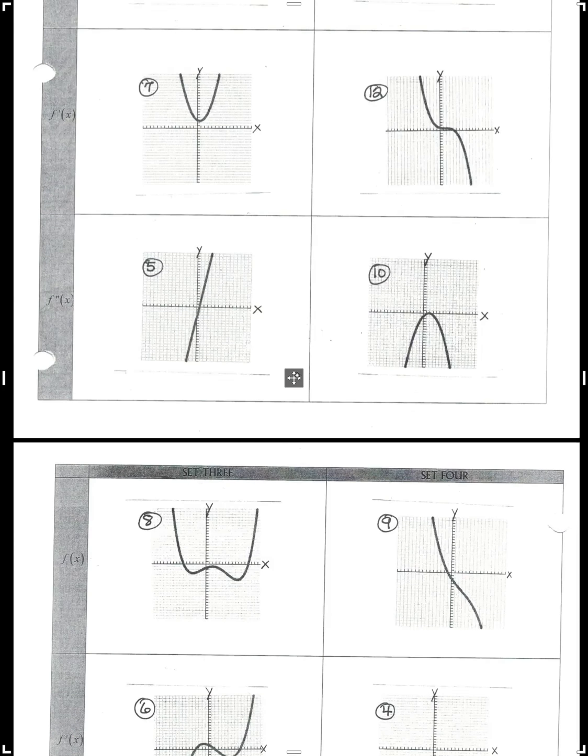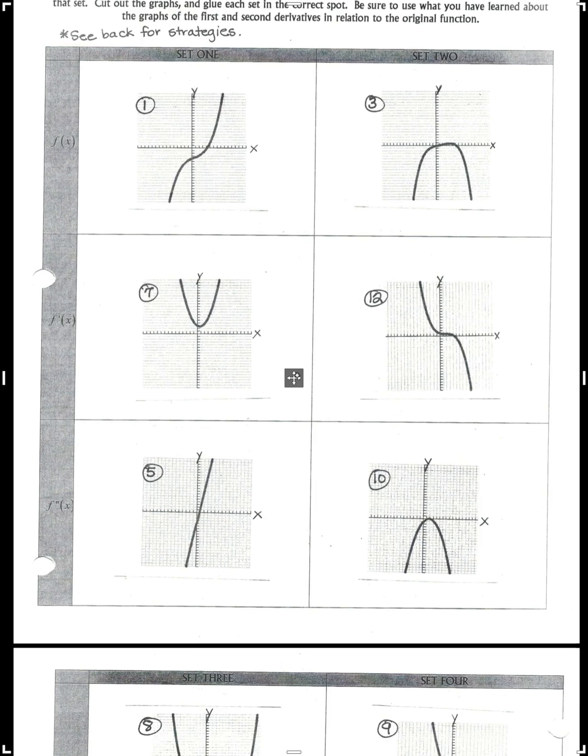So here's what you should have come up with. You should have determined that in one set, regardless of whether you put it in set 1, 2, 3, or 4, there should be a set where the original function is 1, which you can see is a positive x cubed. Its derivative is number 7, which is positive x squared. And its derivative is 5, which is positive x to the first.